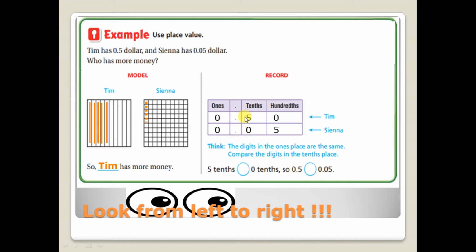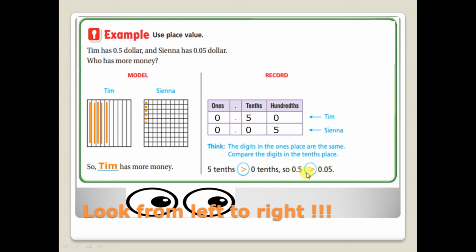Of course 5 is bigger than 0 in the tenths place. So in this case I can stop here, no need to compare more. Tim has more than Sienna because 0.5 is bigger than 0.05, because the 5 here is bigger than 0.